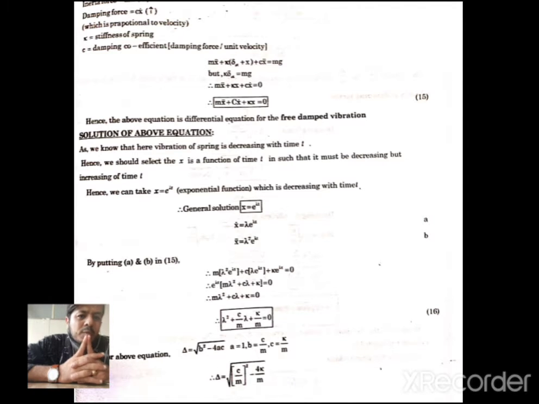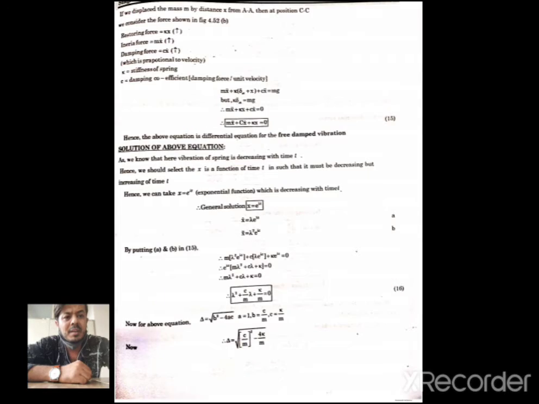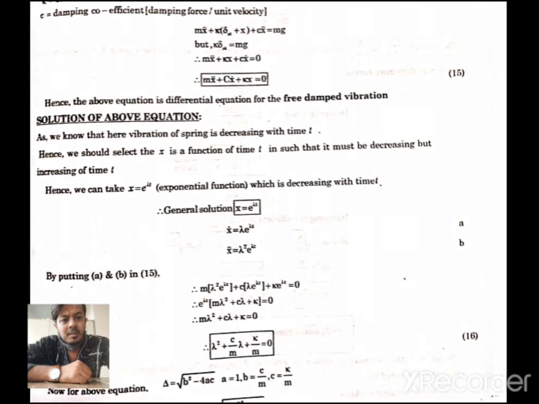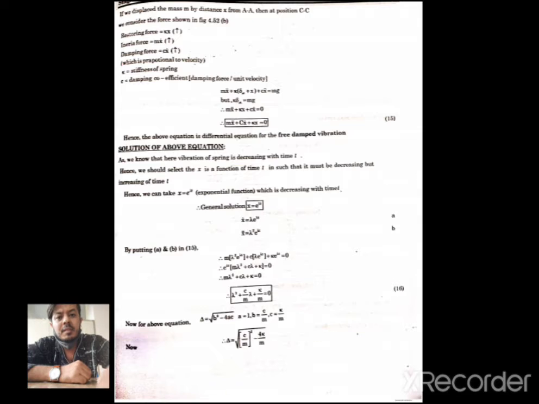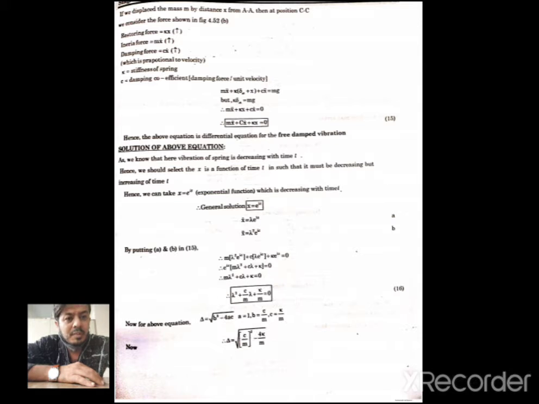Bringing it into simple form, the equation becomes lambda square plus c by m lambda plus k by m is equal to 0. This is the generalized equation.